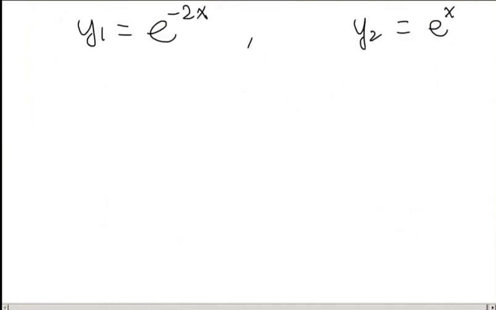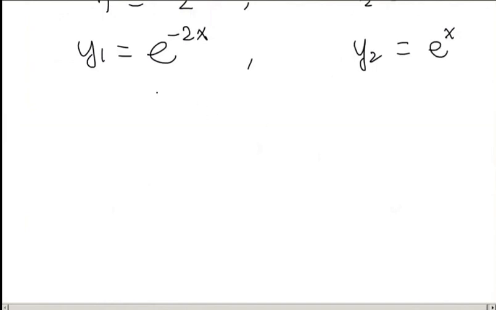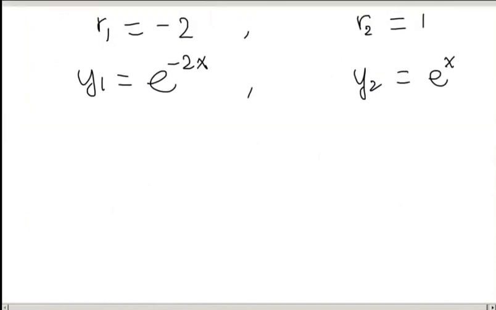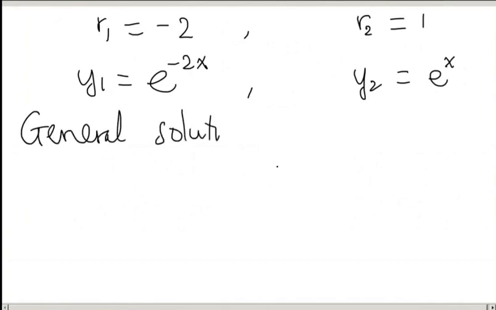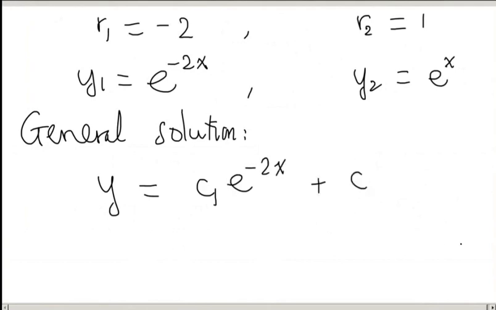And you don't need to verify again. Whenever we have two different roots, y1 and y2 form a basis for the space of solutions. So you can just write out the general solution: y equals c1 y1, which is e to the minus 2x, plus c2 y2, which is e to the x.